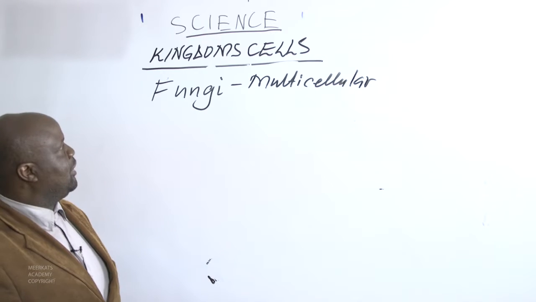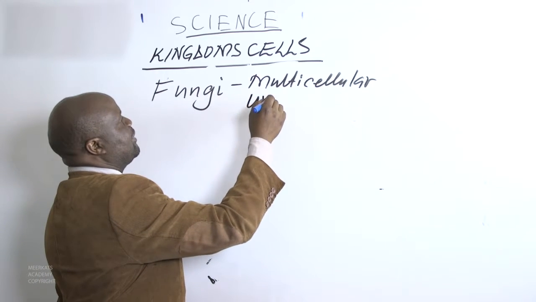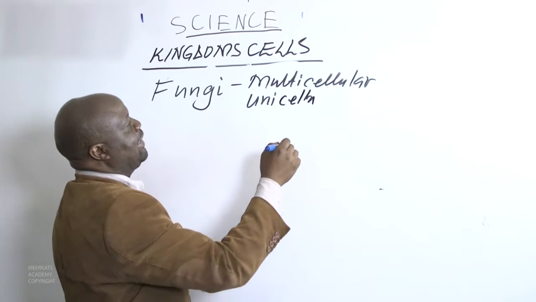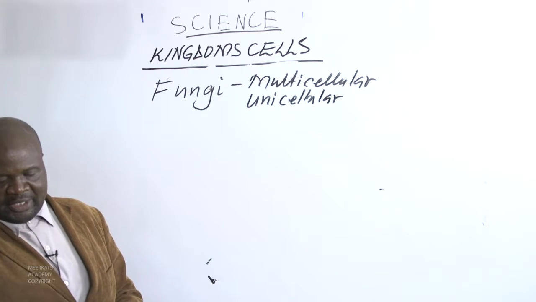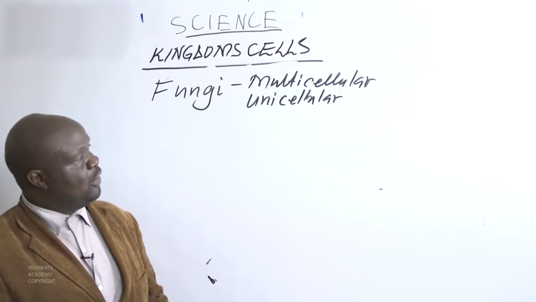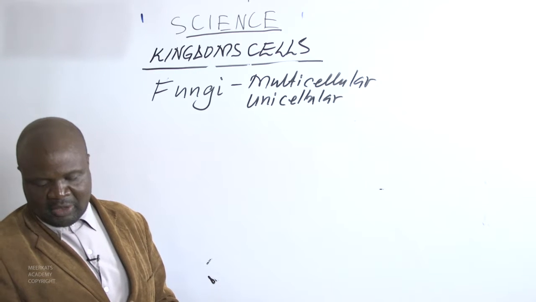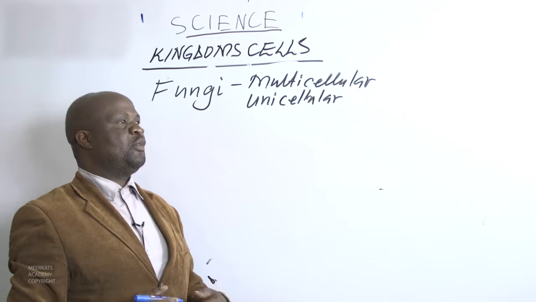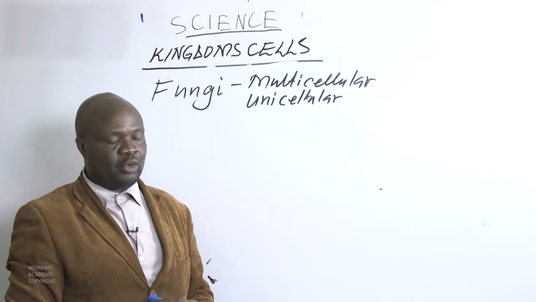Then some organisms in the same fungi kingdom are unicellular, meaning they are made up of only one cell. And when you look at the cell, it contains the cell wall, yes, but they do not have the chloroplast because they don't manufacture their own food, but they depend on other dead materials. They feed mostly on dead materials.